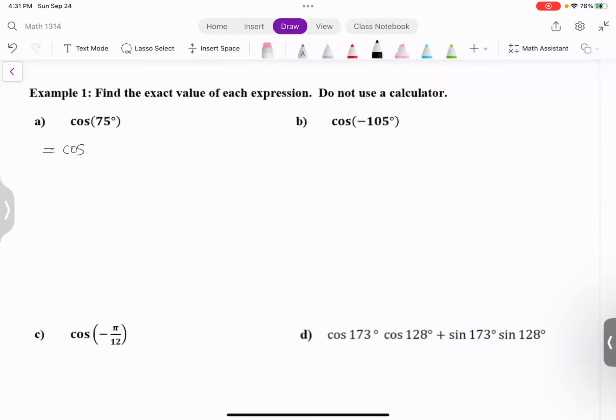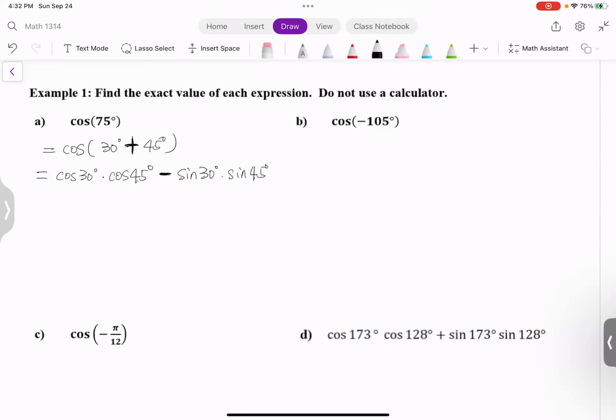Cosine 75 equals cosine of (30 degrees plus 45 degrees). Then using the formula, it converts to cosine 30 degrees times cosine 45 degrees, and because this is plus, I need minus: minus sine 30 degrees times sine 45 degrees.